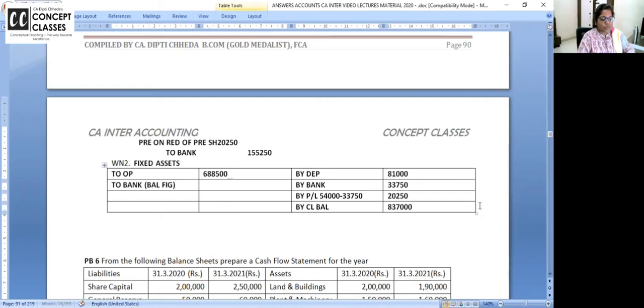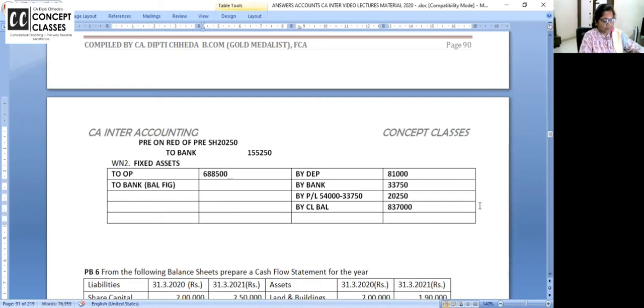Total is coming to, yes, correct, 9,72,000. And the balancing figure is your purchases, 283,500. Balancing figure is your purchases, 283,500. Yeah, correct. Thank you so much for putting all the answers.